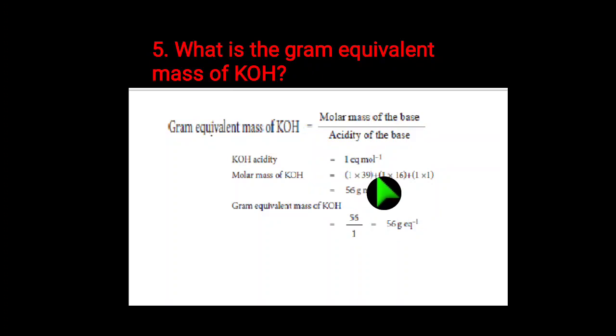So 1 into 39 plus how many oxygen? Only 1, so 1 into 16, plus hydrogen, only 1, 1 into 1. Total 56 gram per mole. So 56 divided by 1, the gram equivalent mass of KOH is 56 gram per equivalent.